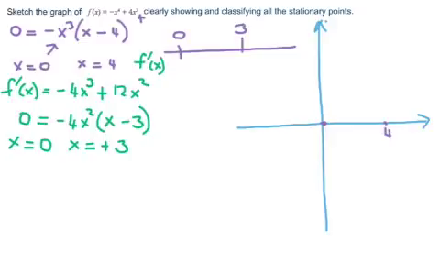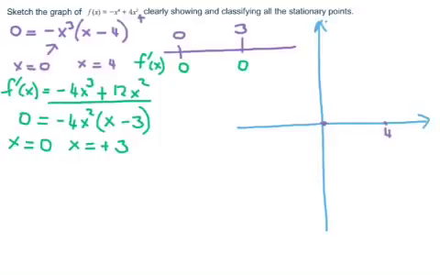Okay, so obviously I know that at 0 and at 3 I have zeros here. So now what I want to do is substitute back into my derivative and work out what the signs are on each side of my 0.